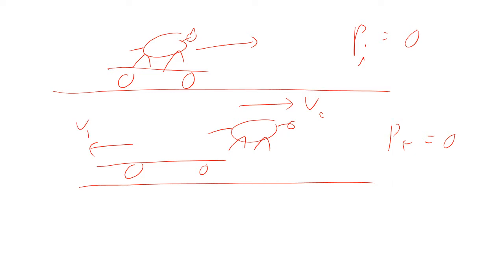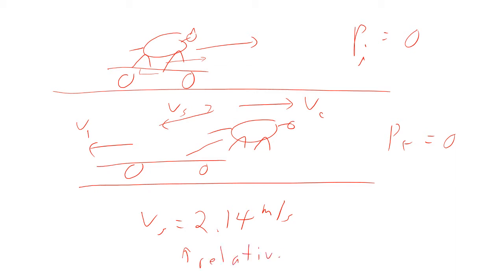Now, I'm going to tell you about v sub s, the separation velocity. This is the velocity relative to the cart. So when the cat jumps, the cat's pushing back on the cart to push forwards, and so the velocity of the cat relative to the cart is going to be 2.14 meters per second. So this is relative to the cart.